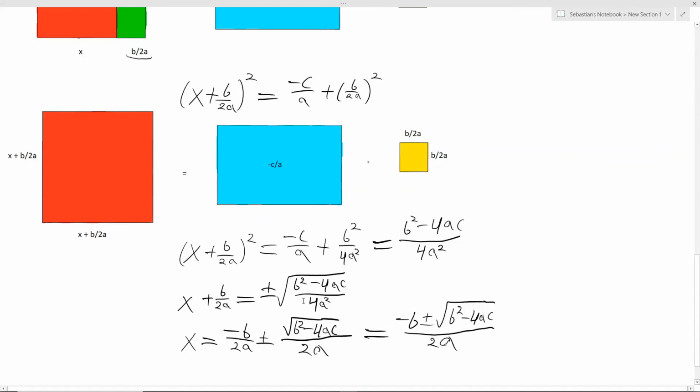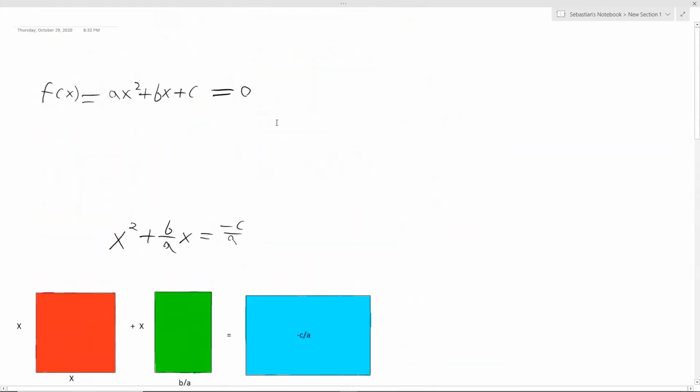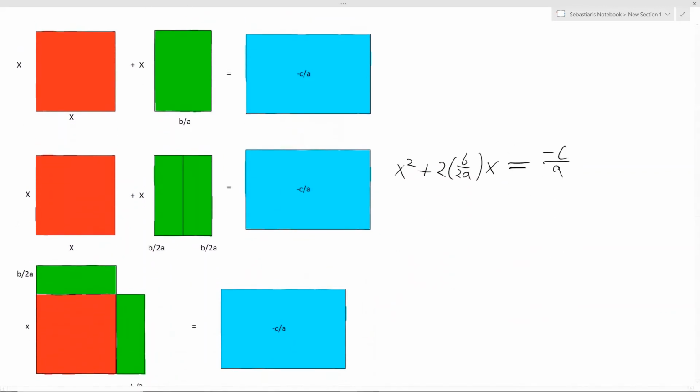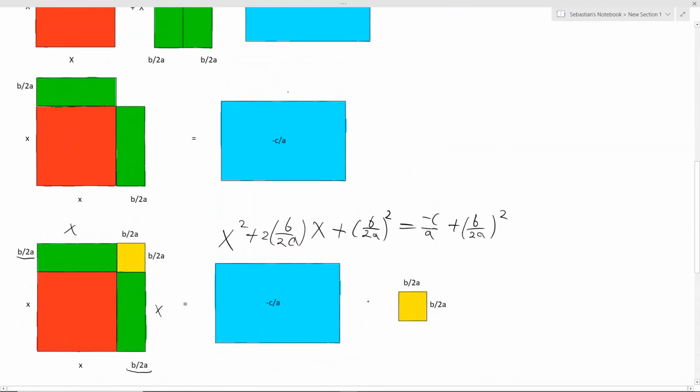Okay, so just a recap of what we did. We started out with the formula for a quadratic equation, and we set it equal to 0, as you do when you are trying to find the roots of it, and simplified it a little bit. The key step here is filling in this missing piece of the square, because this technique is known as completing the square.